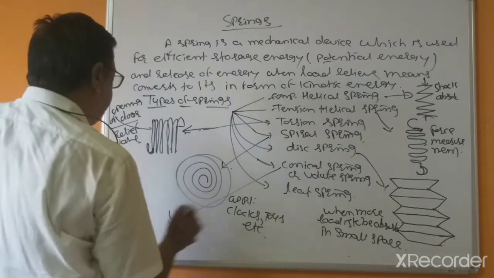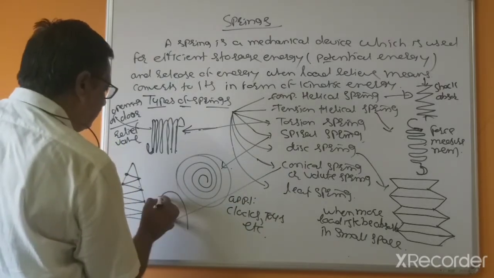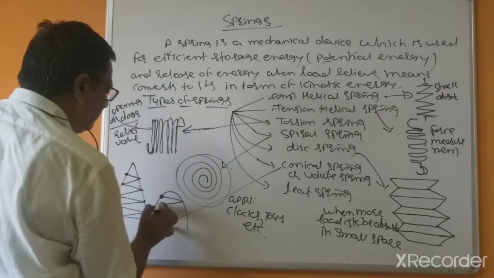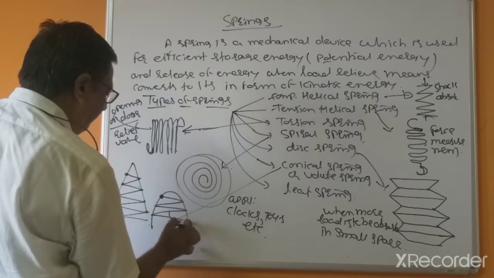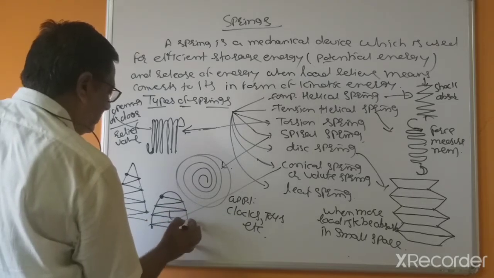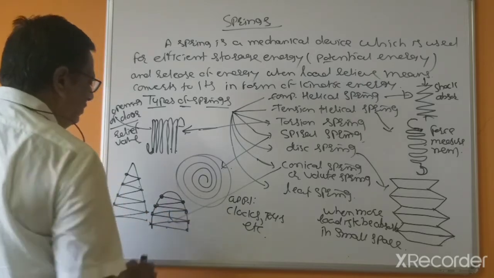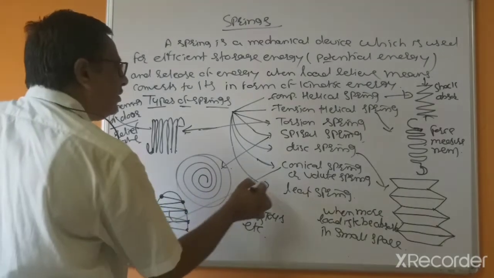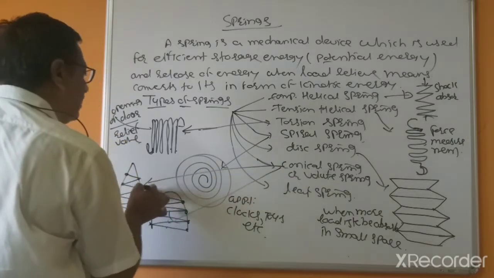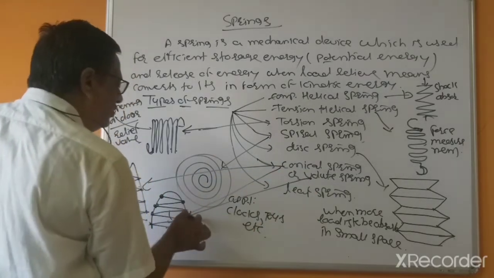And volute means such type of volute case, volute spring. So this is conical and this is volute spring.